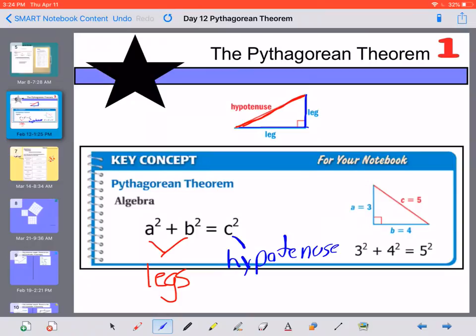They're saying that 3 squared, which is 9, plus 4 squared, which is 16, equals the hypotenuse, which is 5, or 5 squared, which is 25. Now 9 plus 16, that does equal 25. So 25 equals 25.